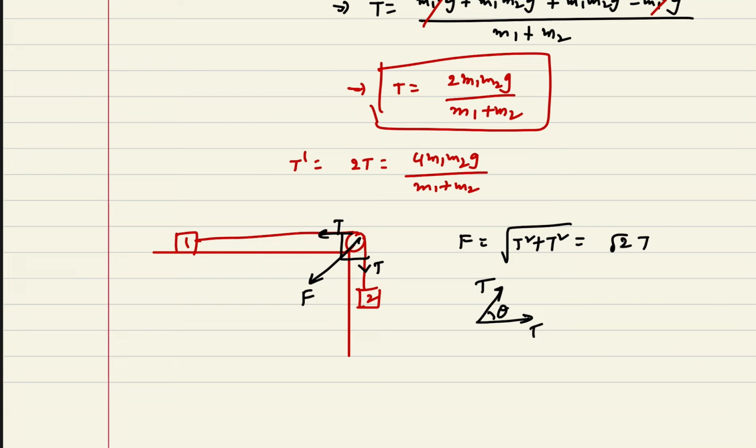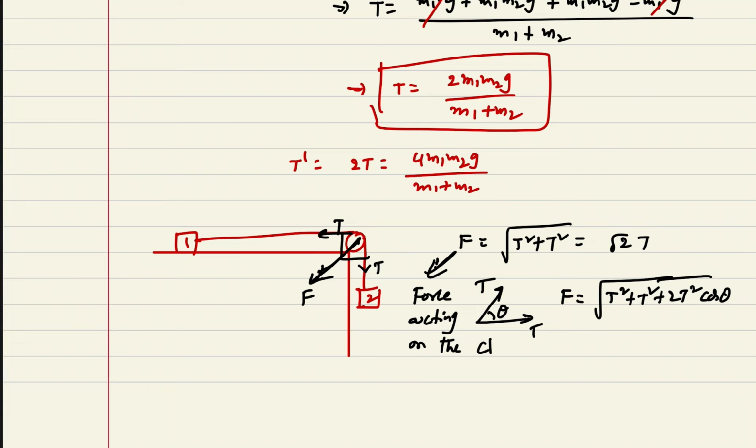If T and T are inclined at angle theta, then you can write T square plus T square plus 2T square cos theta, under root. By using this, we can find the net force acting on the clamp.